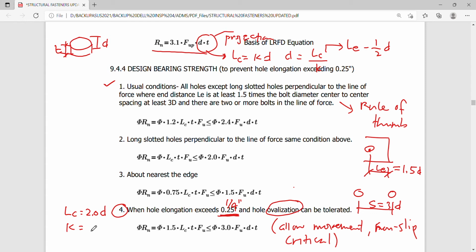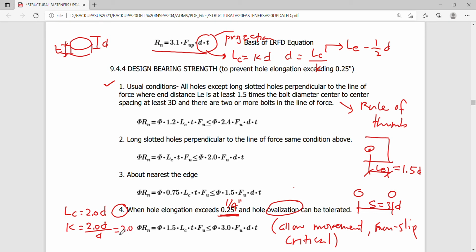So K is simply LC, which is 2 times the diameter divided by the diameter, so this becomes 2.0.